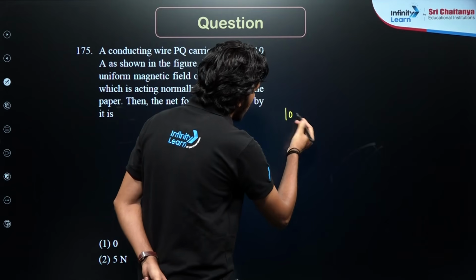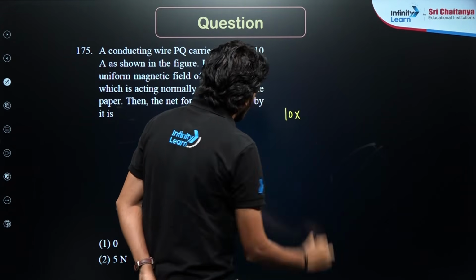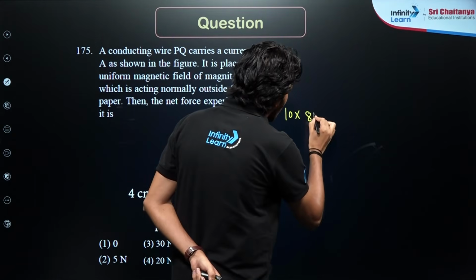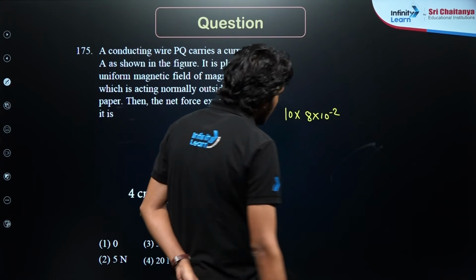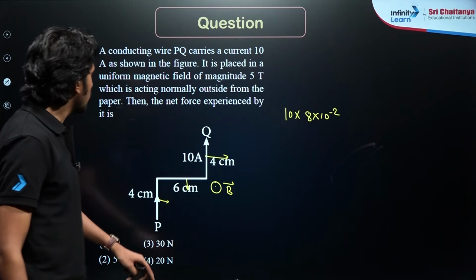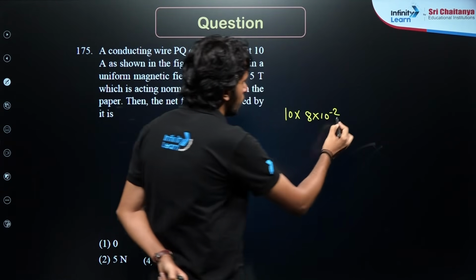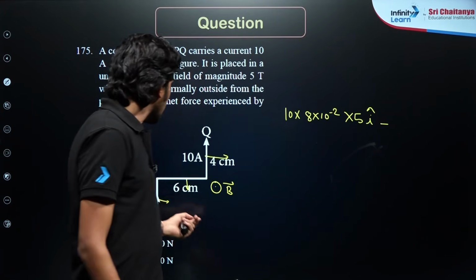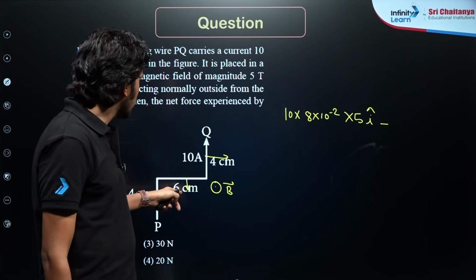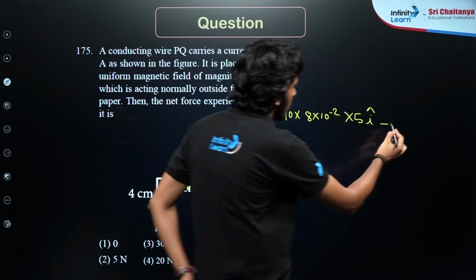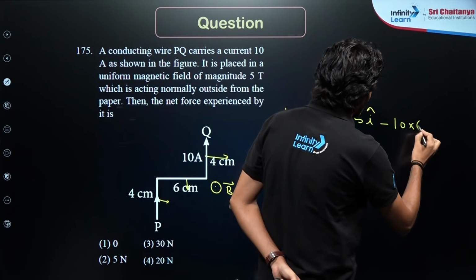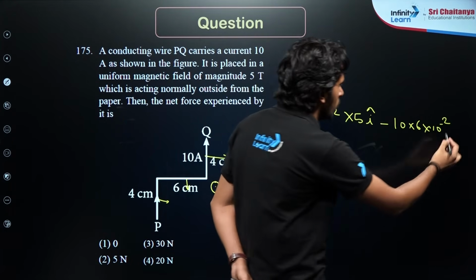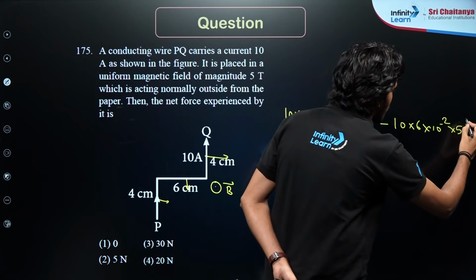So ILB: 10 current, L 4 centimeter plus 4 centimeter, 8 centimeter, 8 into 10 raised to minus 2, magnetic field value 5 Tesla into 5, that is in i cap, minus IL cross B same. So now length would be 6 centimeter, 10 into 6 into 10 raised to minus 2, and into 5, magnetic field, that is j cap.